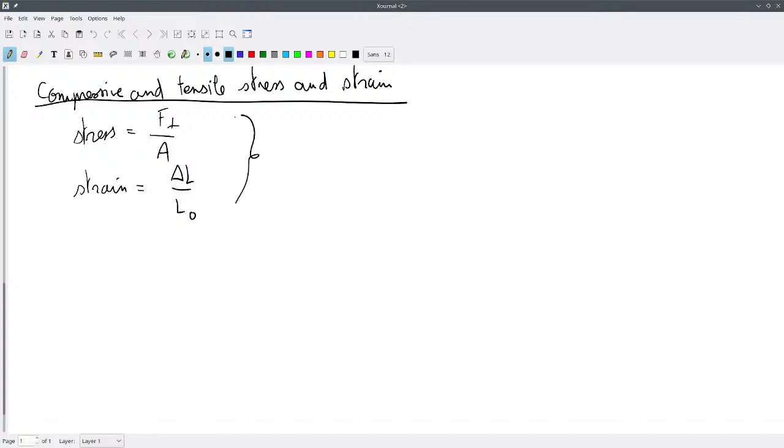And they're connected through this elastic modulus, which in the case of compressive and tensile stress and strain is written as Y. This is called the Young's modulus for a material.